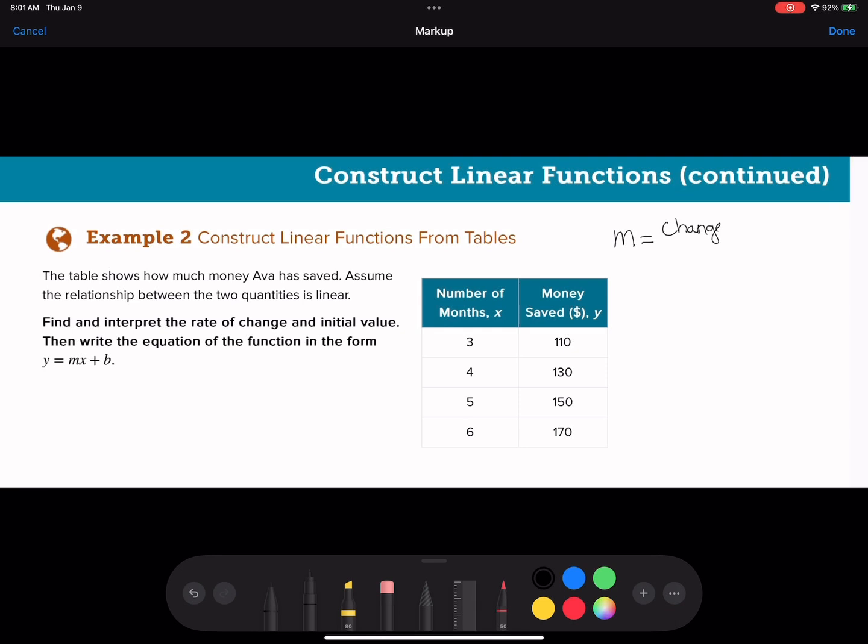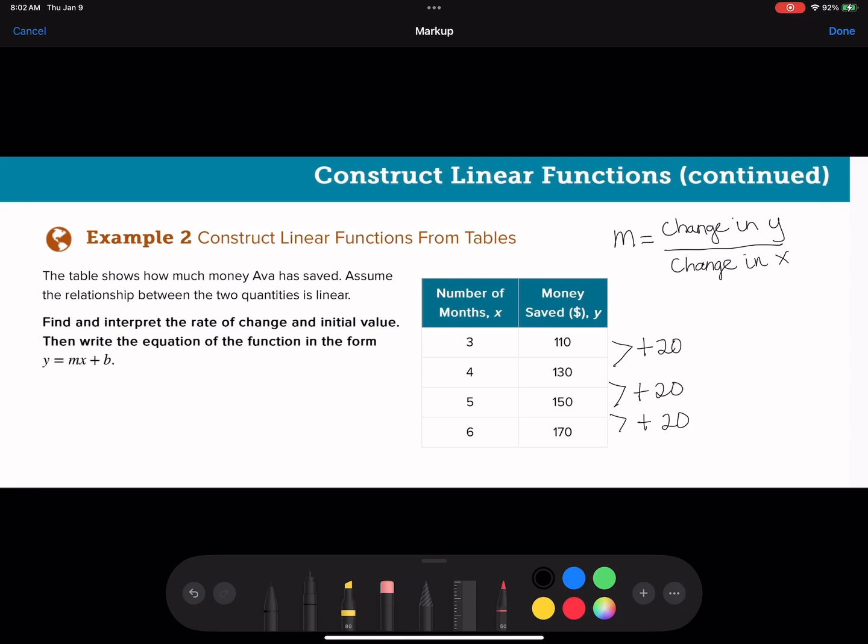So we're looking for our slope first of all, which is our change in y divided by our change in x. I'm going to look at the change in y in my table first. That's just where I like to start. It doesn't matter, I could go to my x values too. And I'm seeing that there's a difference between the two of a positive 20.